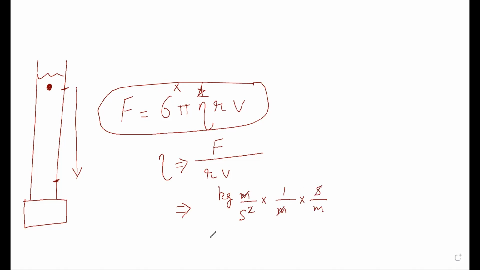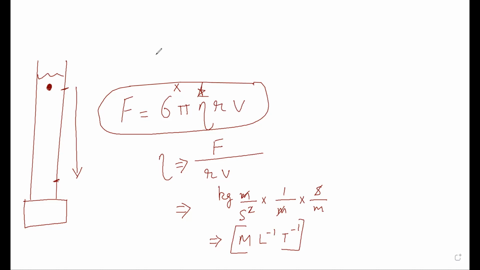I can write this as M L minus 1 T minus 1. So the coefficient of viscosity is M L minus 1 T minus 1.